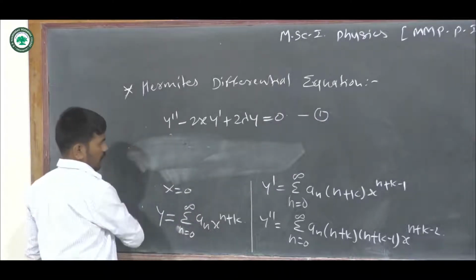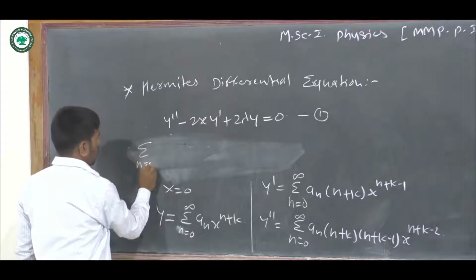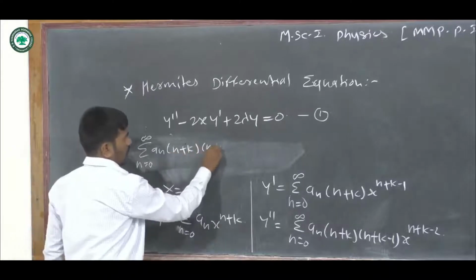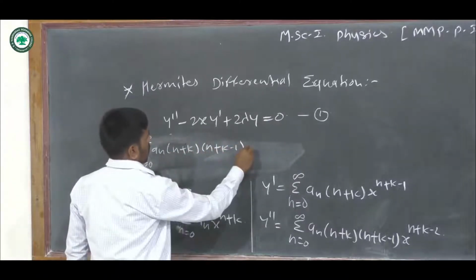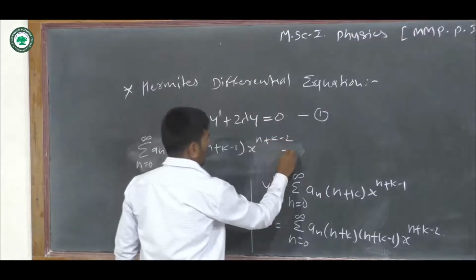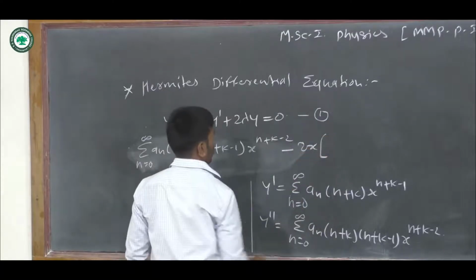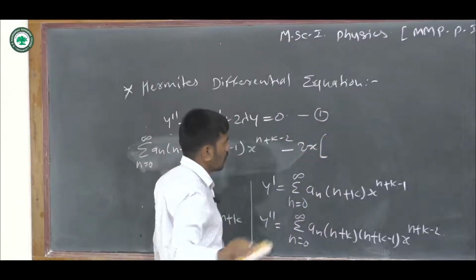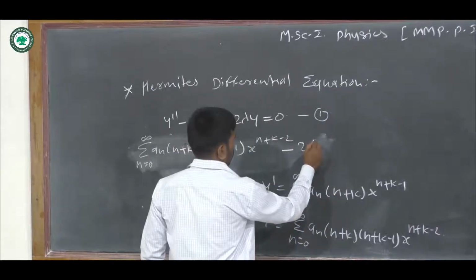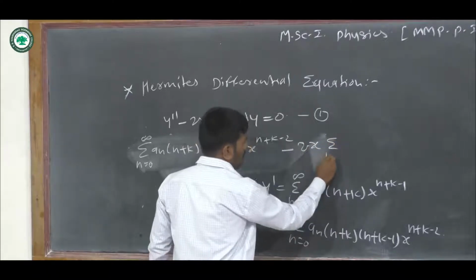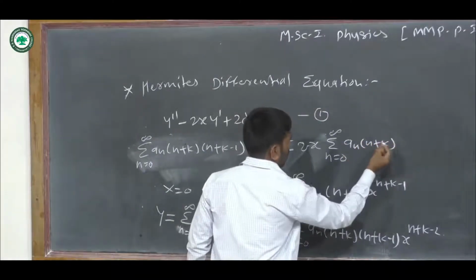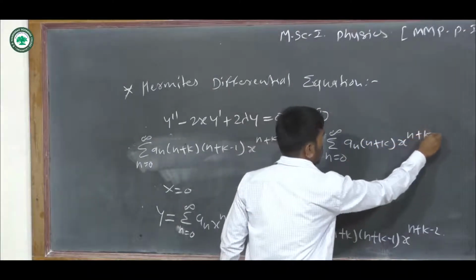So we replace y double prime and y prime with these expressions. It is summation over n is equal to 0 to infinity a n into n plus k into n plus k minus 1 x power n plus k minus 2, minus 2x into summation over n is equal to 0 to infinity a n into n plus k into x power n plus k minus 1.